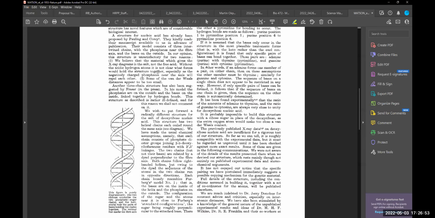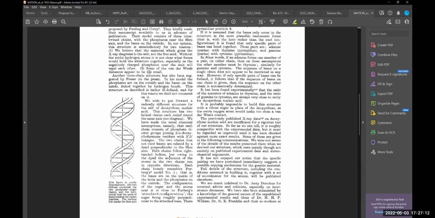Meaning that the Pauling and Corey structure did not mention anything about hydrogen bonds. If the hydrogen bonds are not there, how would the helical structure be defined? So they're arguing. And then they say another 3 chain structure has also been suggested by Fraser, and this paper was in press. In this model, the phosphates are on the outside and the bases are on the inside, linked together by hydrogen bond.